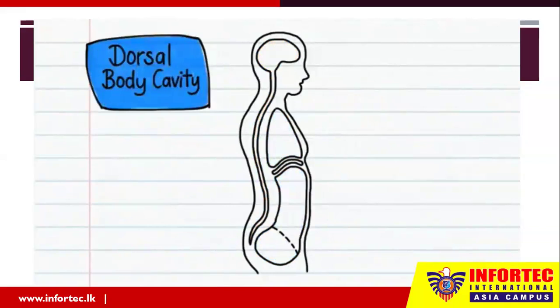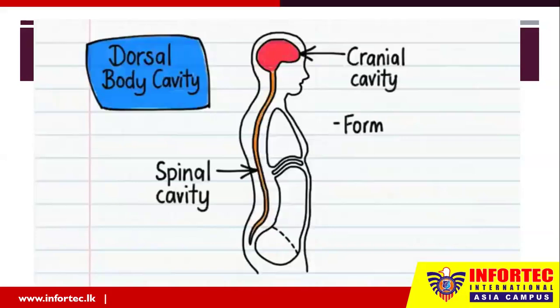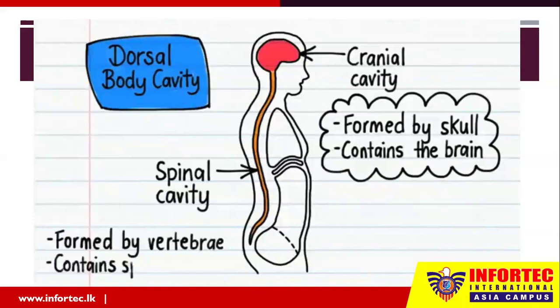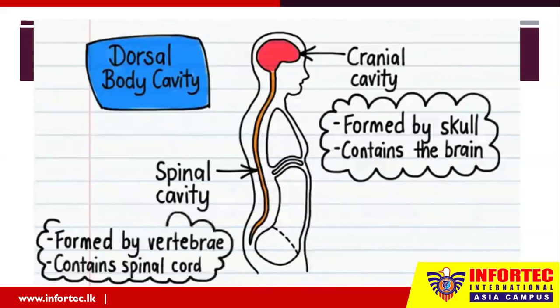It can be divided into two parts, the cranial cavity and the spinal cavity. The cranial cavity is the space formed by the bones of the skull. It contains the brain. The spinal cavity, which is sometimes also called the vertebral canal, is a space formed by the bones of the vertebral column. The spinal cavity contains the spinal cord.